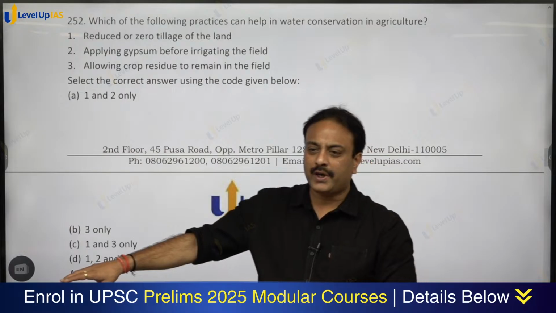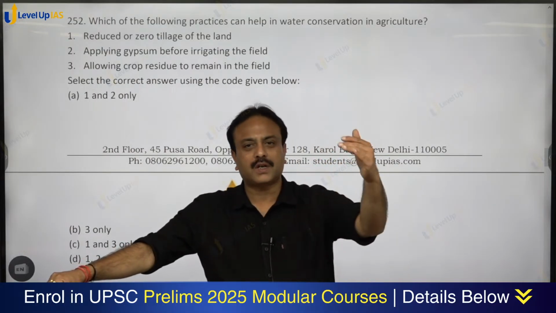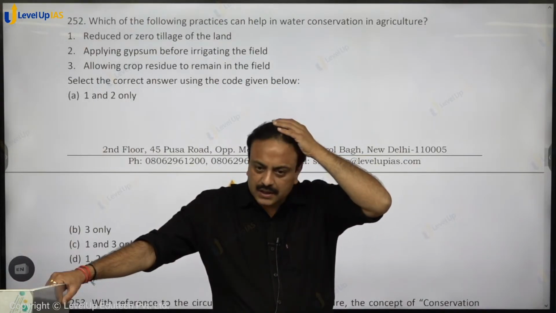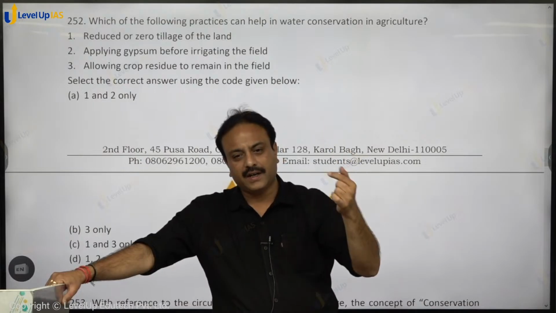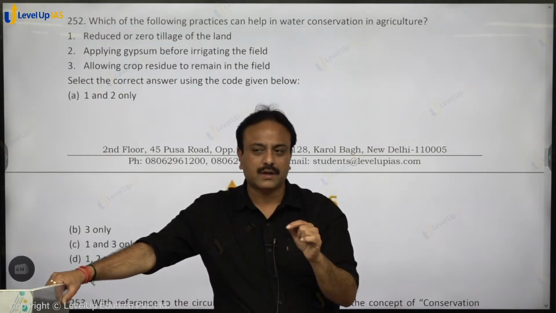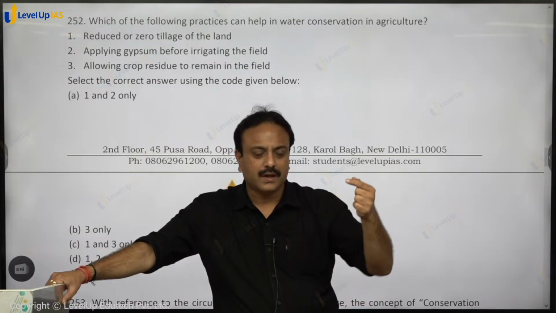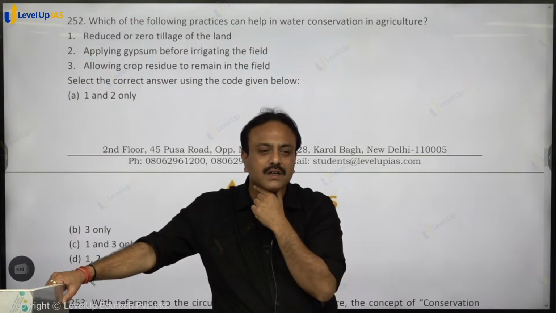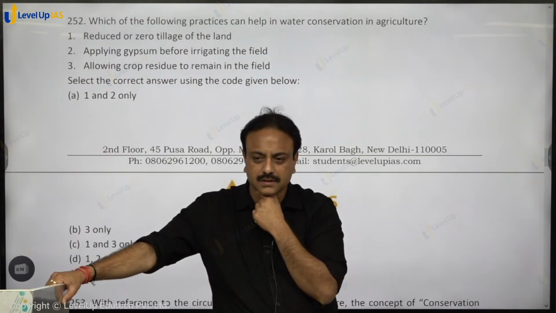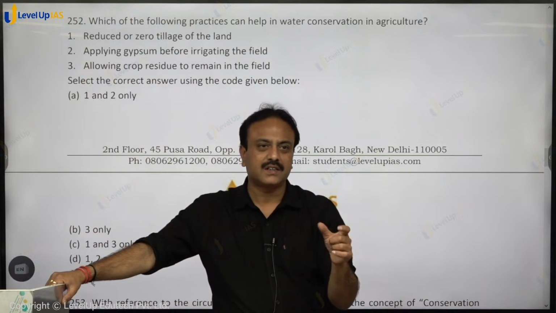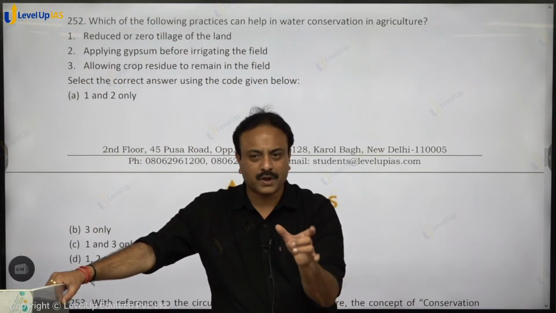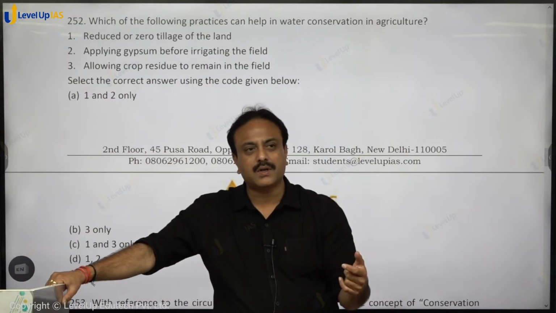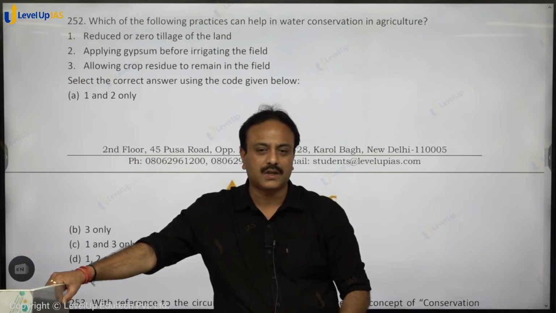If you are using nano urea, then suppose UPSC frames a question that with the start of nano urea for agriculture in India, option A, it replaces the urea, it reduces the cost of production, cost of agricultural activity, it increases the production and the productivity. Yes, it is harmful for the fertility status of the soil.